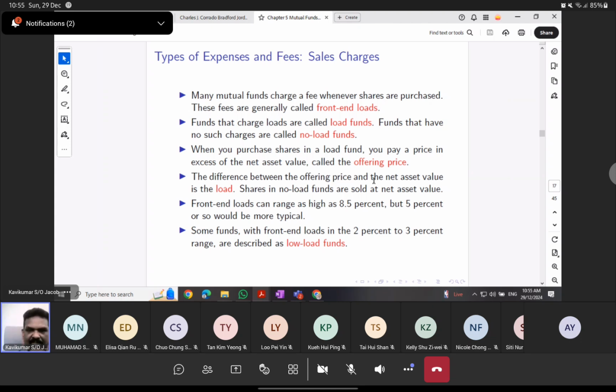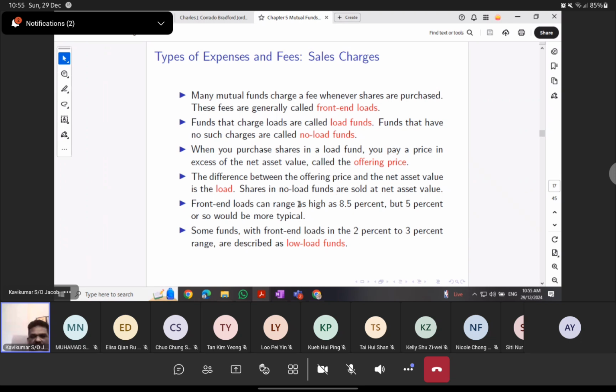The difference between the offering price and net asset value is the load, because the offering price is higher than the net asset value. Shares in no-load funds are sold at net asset value. No load means no charge, so the price is equal to net asset value.